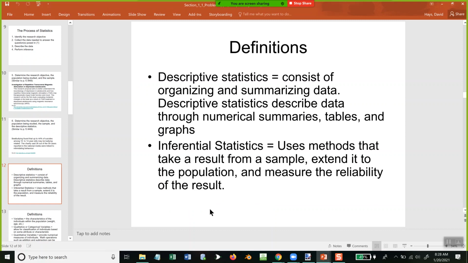Now some definitions. Descriptive statistics consist of organizing and summarizing data. Descriptive statistics describe data through numerical summaries, tables, and graphs. This is like finding the average. Now, if I find the average age of everybody in this classroom, is that meaningful? No, who cares, right?